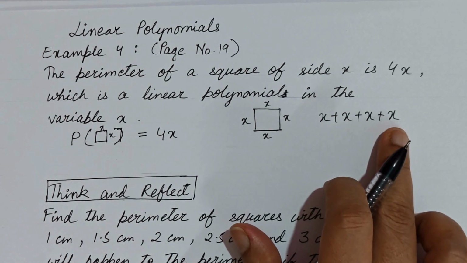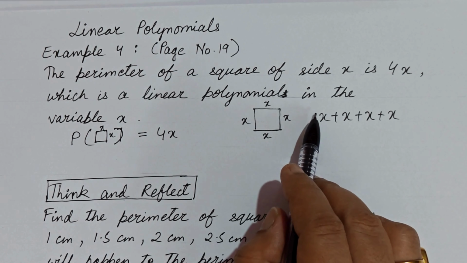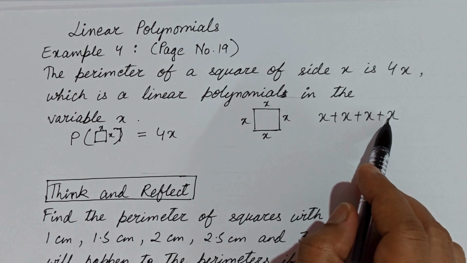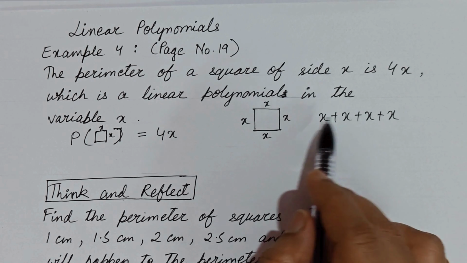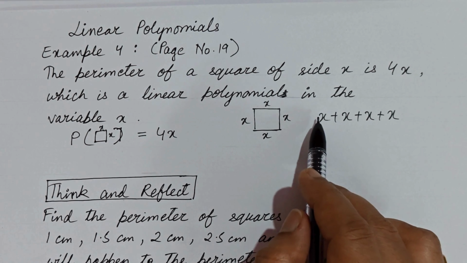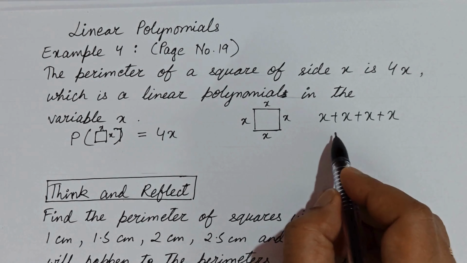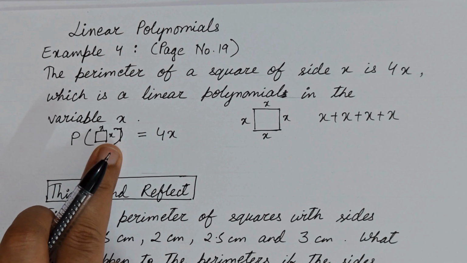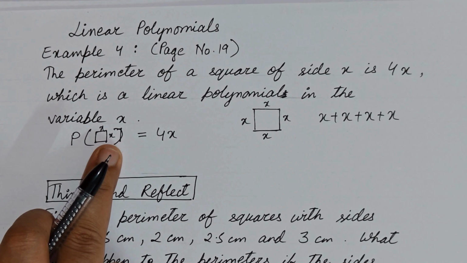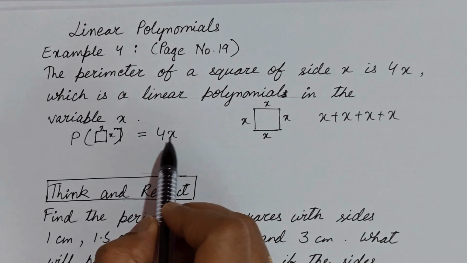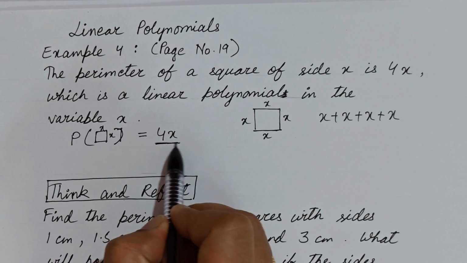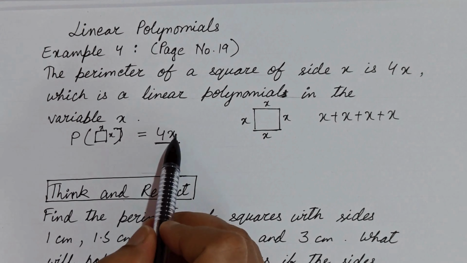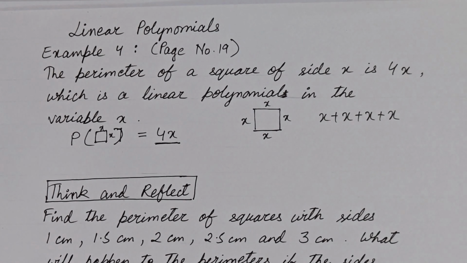The coefficient of x is 1 here, here also 1, here also 1, and 1. So 1 plus 1 plus 1 plus 1 is equal to 4x. So the perimeter of the square of side x is 4x. What is 4x? A linear polynomial in the variable x.